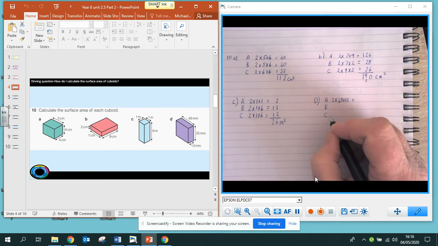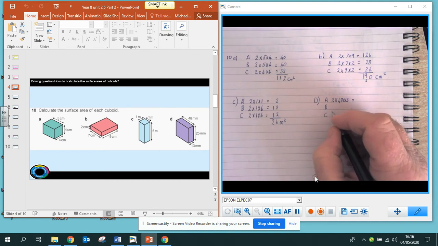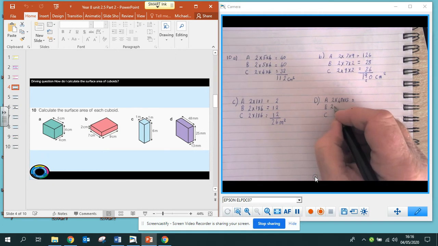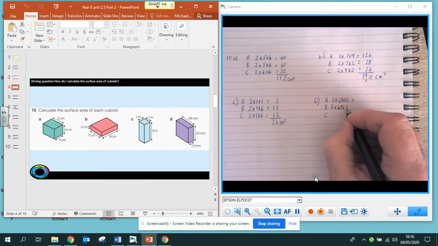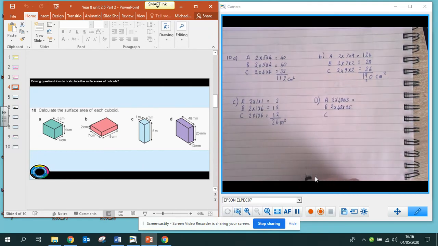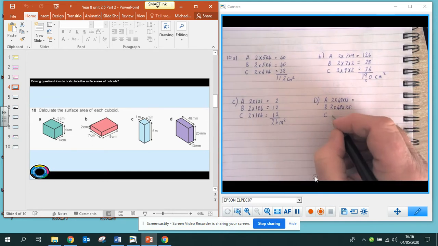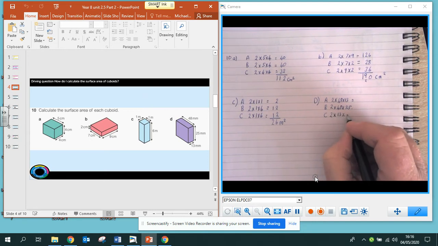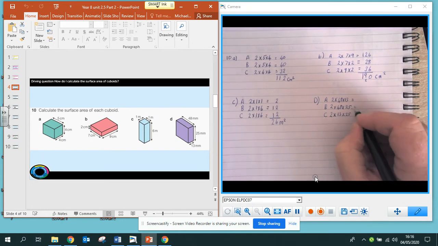The next question, the front elevation, I've said is 2 sides times 48 times 25. And lastly, my side elevation, 2 times 13 times 25.